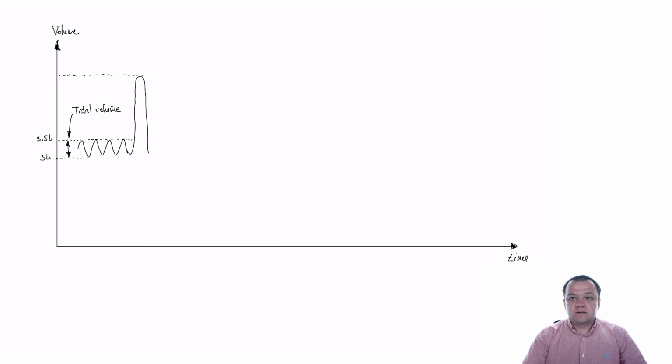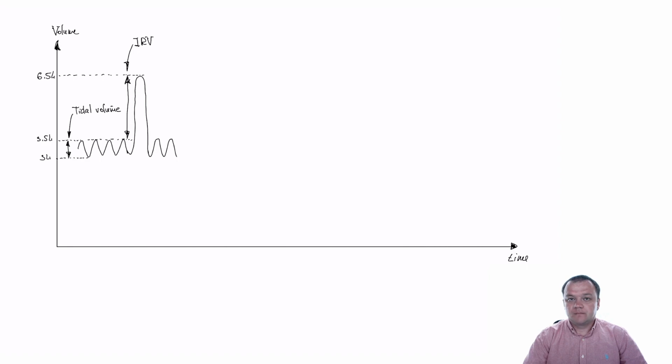And as a result, we have around 6.5 liters at the top of our spirogram. So, the maximum amount of additional air that can be inspired from the end of a normal inspiration is called inspiratory reserve volume, or IRV for short. After this maneuver, the patient continues to breathe normally.